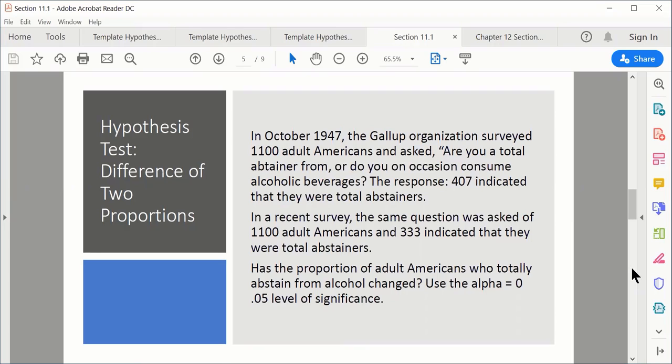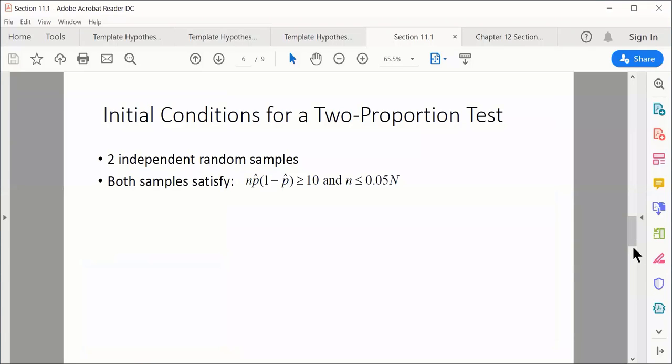In a recent survey, the same question was asked of 1,100 adult Americans, and 333 indicated that they were total abstainers. Has the proportion of adult Americans who totally abstain from alcohol changed? Use the alpha equals 0.05 level of significance. So you're looking at two different samples, two different proportions, to see if there's a change. So that's how you know you have to use the difference of two proportions test.